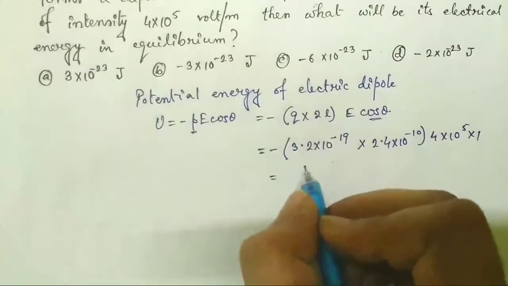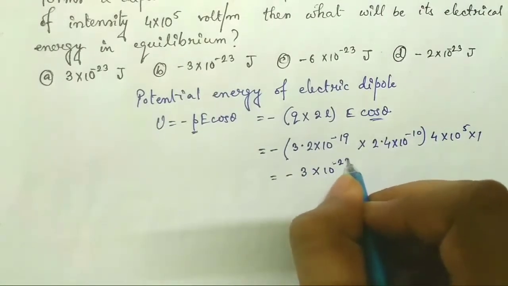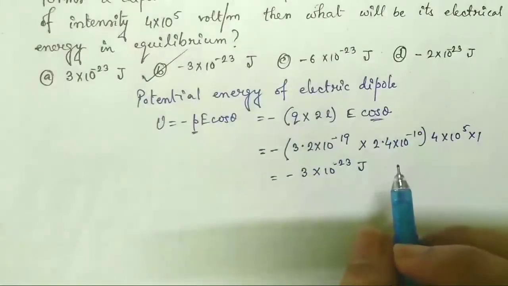If you calculate this value, you will get minus 3 into 10 to the power minus 23 joule. That means option B is the correct answer.